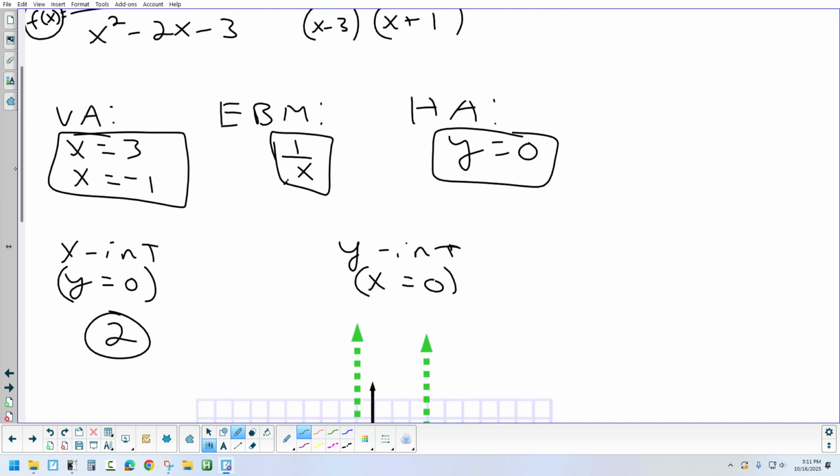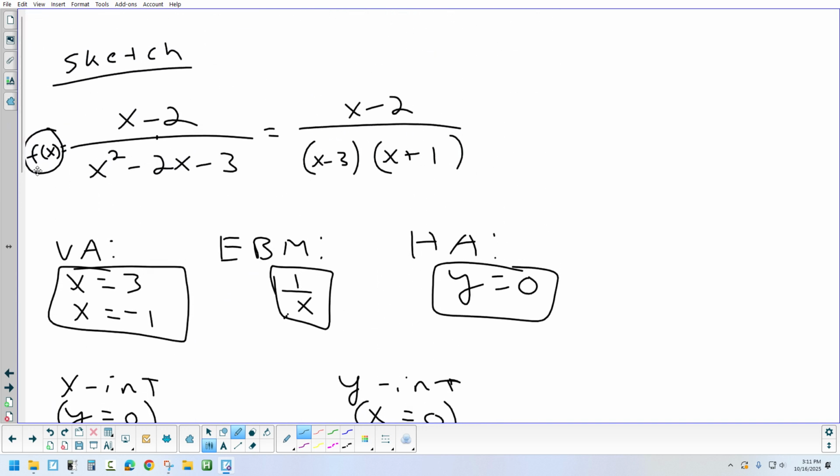Okay, y-intercept, that's different. You don't plug 0 in for y, you plug 0 in for x. If we plug in 0 for x, what do we get in the top? So the top is x minus 2.